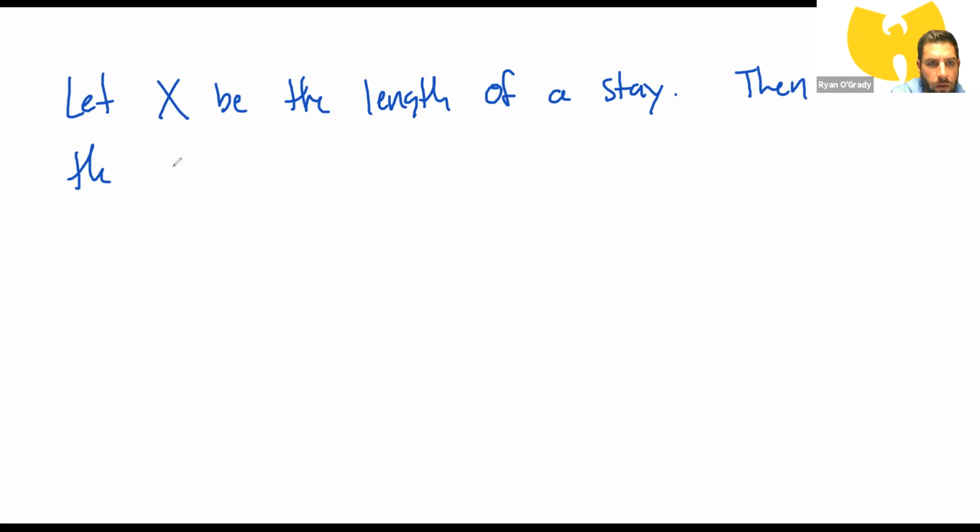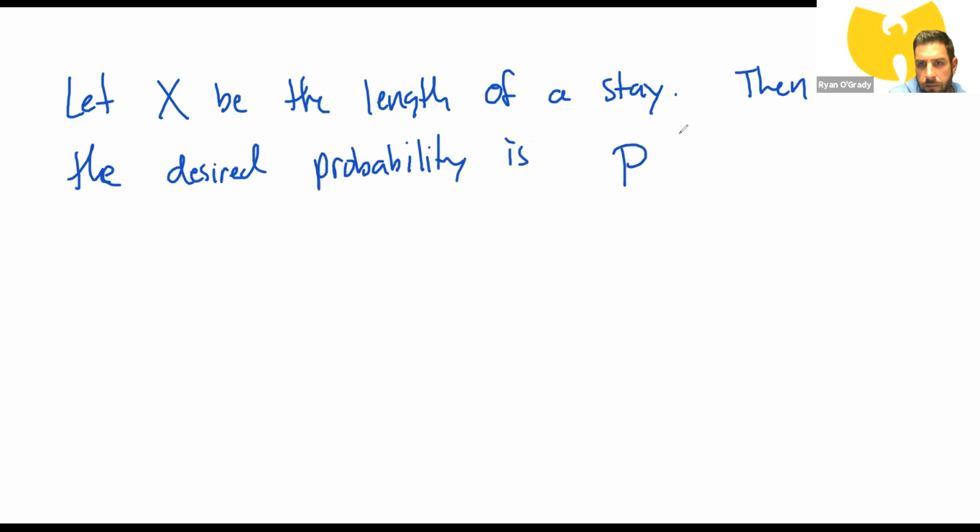Correct. So then the desired probability is P(X > 4).